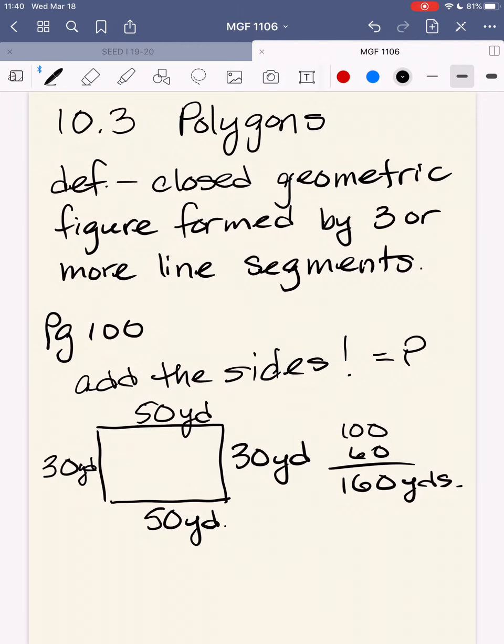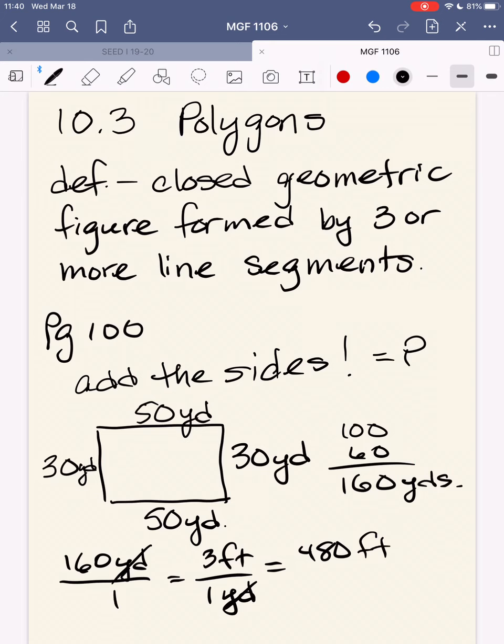I have 160 yards, put it over 1 just like we have been, and 3 feet is equal to 1 yard. So I can get my units to cancel, which means I have a total of 480 feet. And if I multiply that by $6.50, I get a grand total of $3,120.